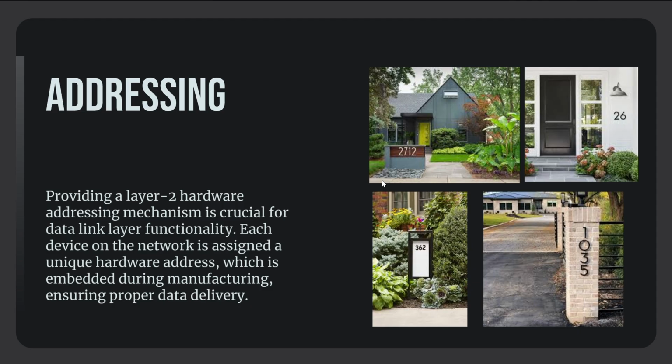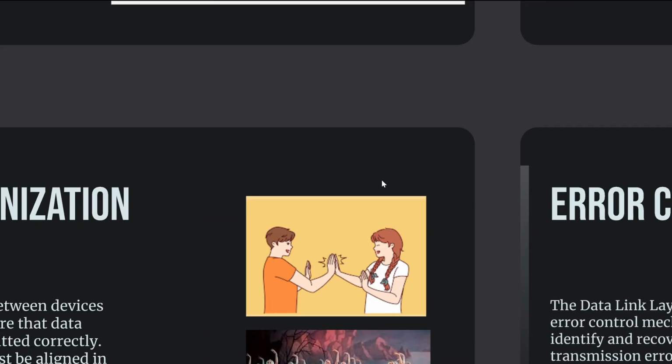Again, understanding it with a real life example. Every house has a different address, every vehicle has a different number plate, and similarly, every device has a MAC address, unique of its own. Addressing ensures that data goes to the exact device it is meant for and not the wrong one within the same network.